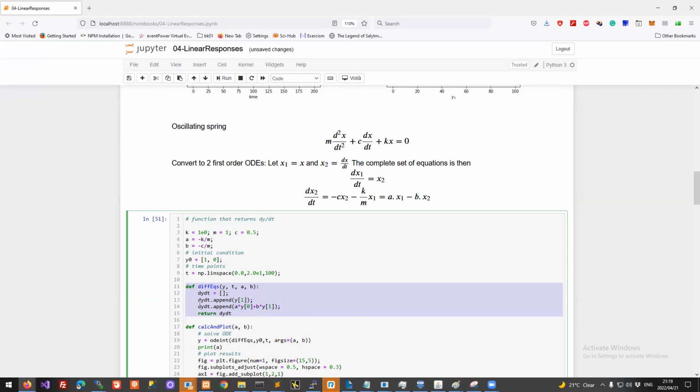So this is dy1 dt equals y2. And then similarly here, dy2 dt, the second one that we append, is equal to a y naught, so a y naught plus, minus b y1. Here, this b value, I guess we need to change the sign here or here.